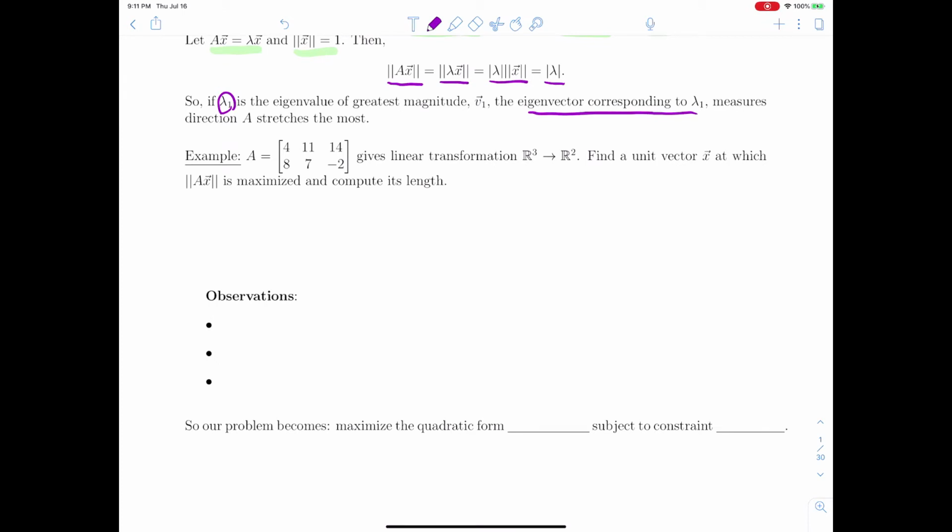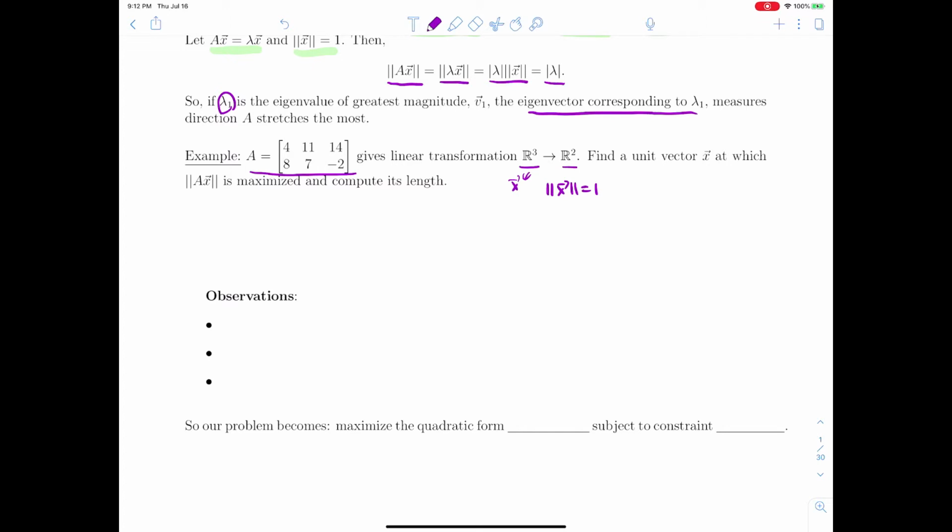Suppose that A is given by this 2 by 3 matrix. So it's a linear transformation from R3 to R2. We want to find the unit vector x where the magnitude of Ax is maximized, and we are going to compute the maximum length. So we have a vector in R3 with magnitude of x equal to 1.